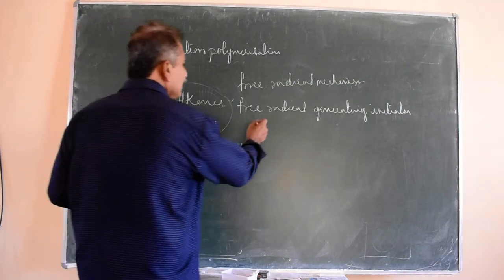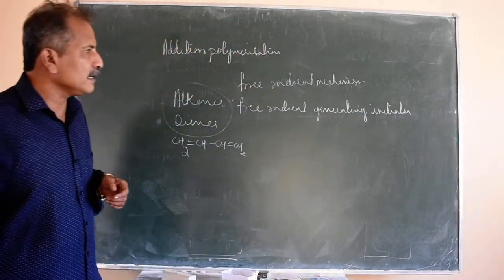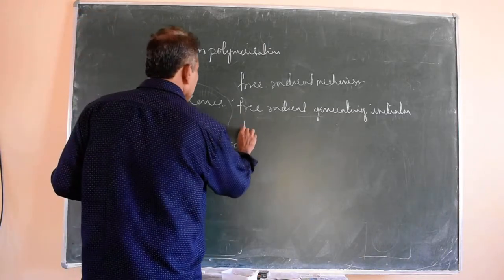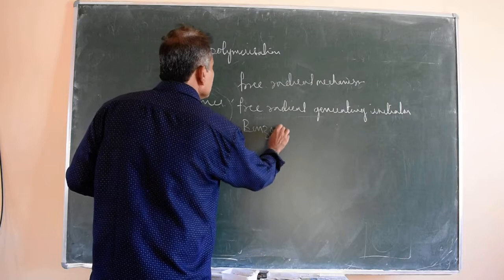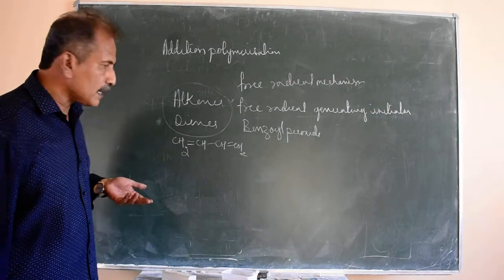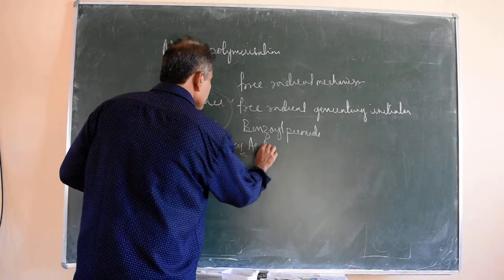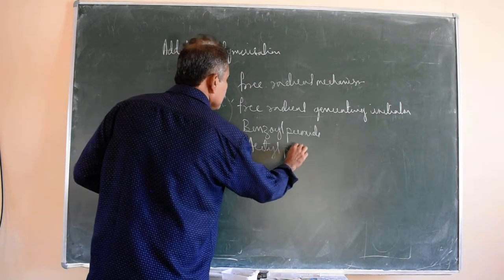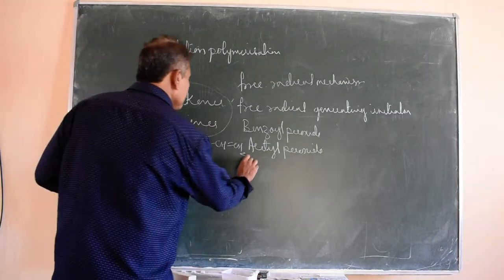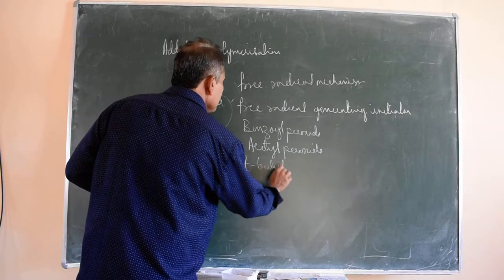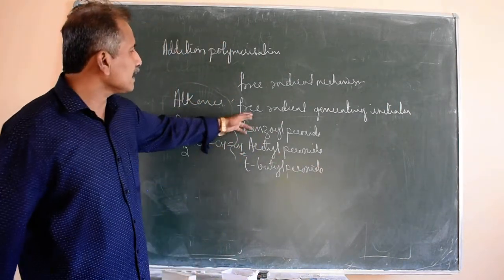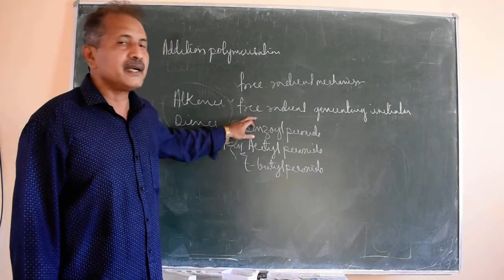Now, this free radical generating initiator can be a peroxide like benzoyl peroxide, or you can use acetyl peroxide. We can also use tertiary butyl peroxide. So all these are the catalysts, the free radical generating initiators.